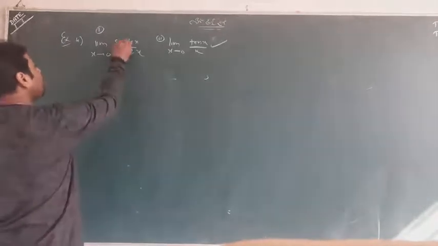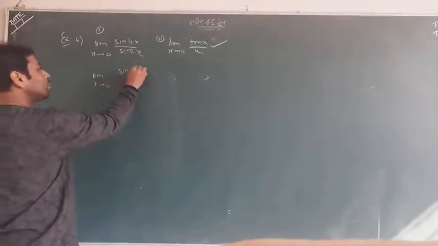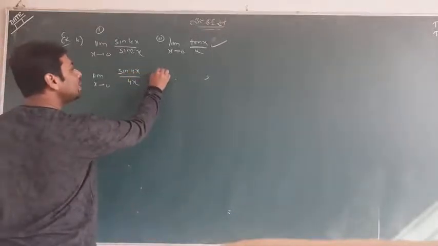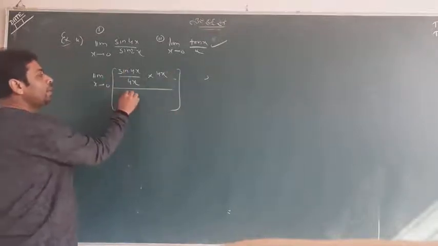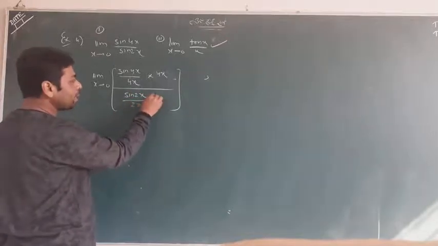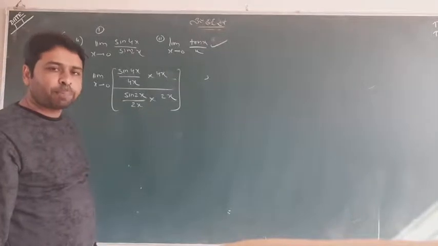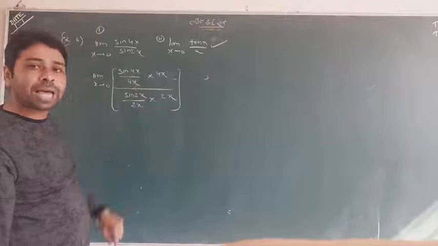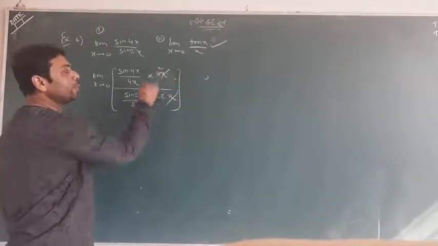So if you have sin with angle 4x, now I will make 4x in the denominator just by dividing and multiplying by 4x. Can you see? And sin 2x, again I divide by and multiply by 2x. This is the method which creates denominators equal to its angle, and this x will cancel, and this also cancels by 2.